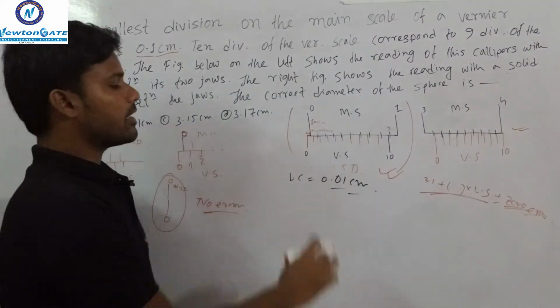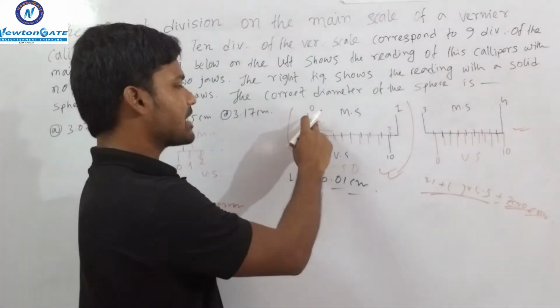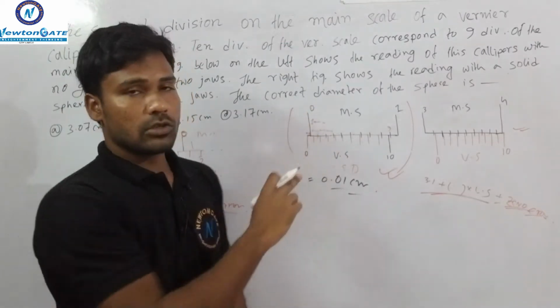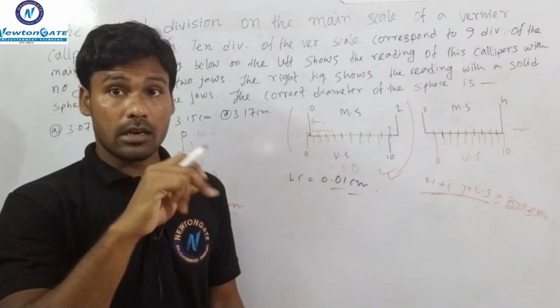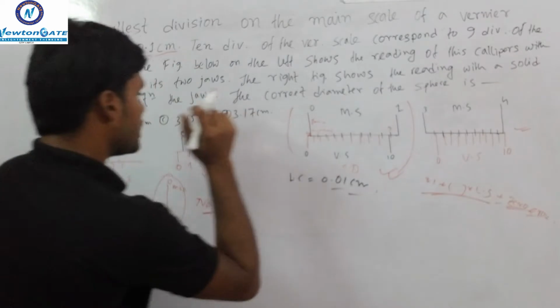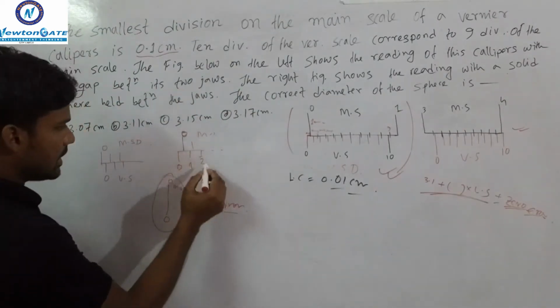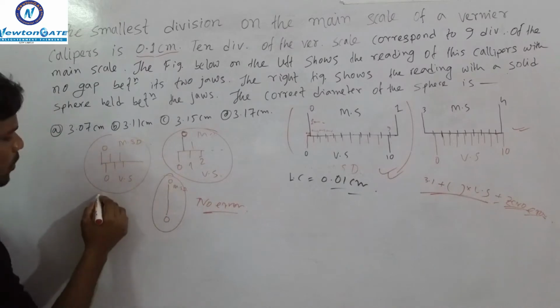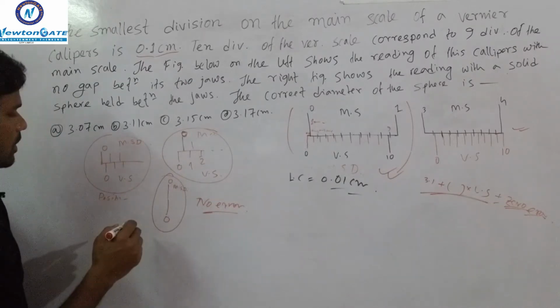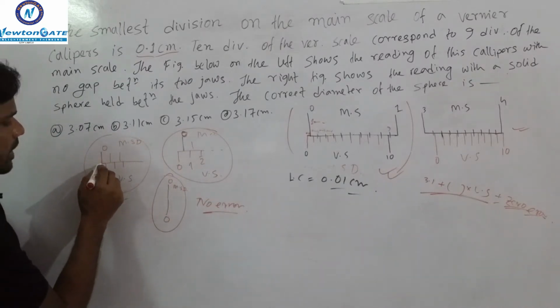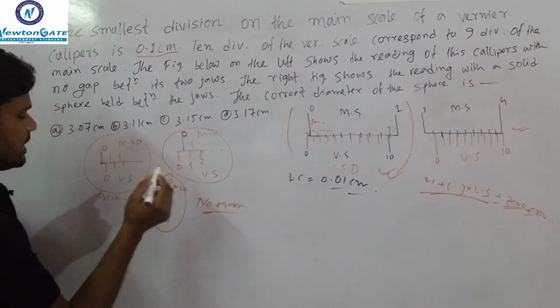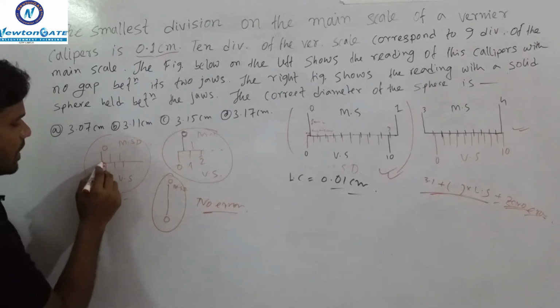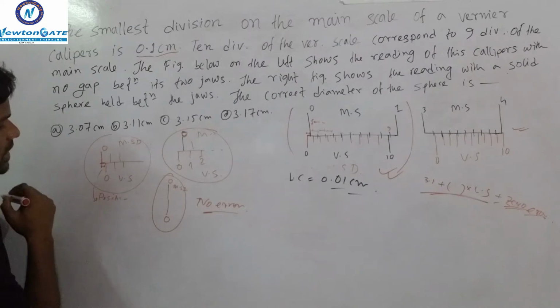But here in this given data, the main scale 0 and vernier scale 0 do not coincide. That means error is there. So what is the error? So this condition is present. For this condition we can say positive error. Whenever the vernier scale 0 is to the right side of the main scale 0, we can say positive error.